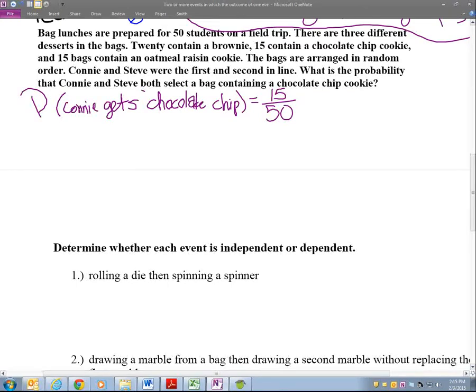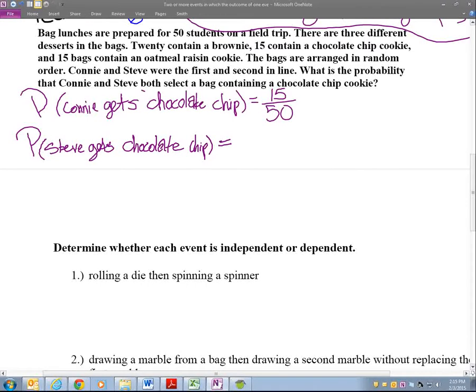Now we have to do the probability of what? The probability that Steve gets a chocolate chip bag. So, how many lunch bags containing the chocolate chip cookie are left?